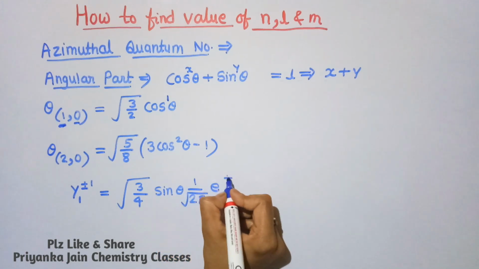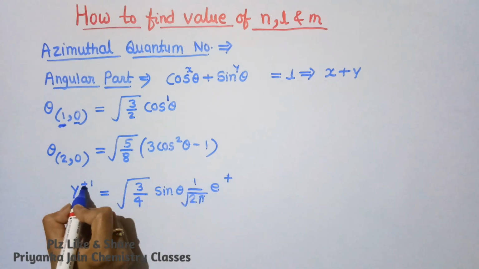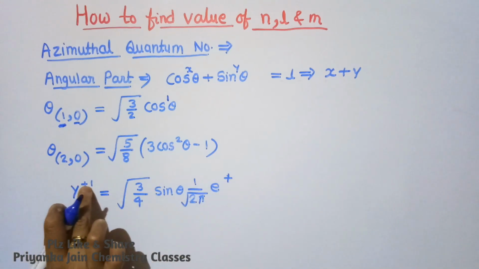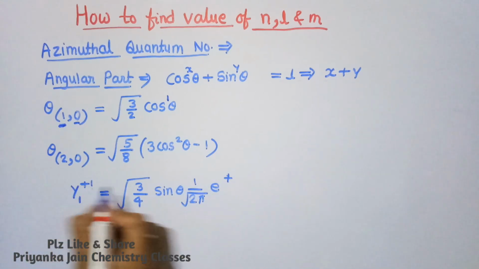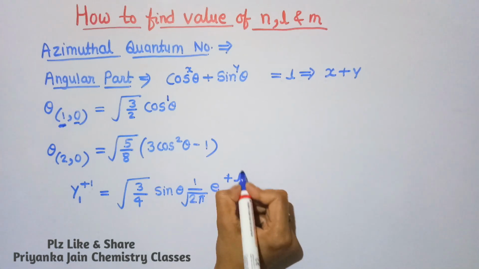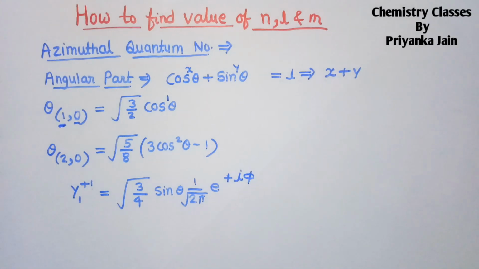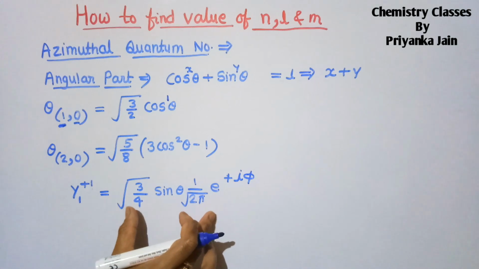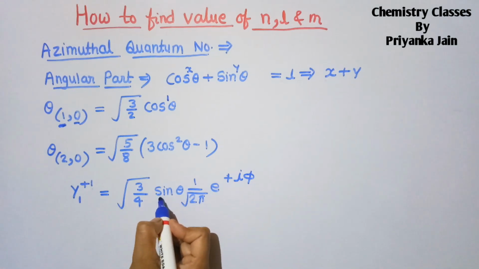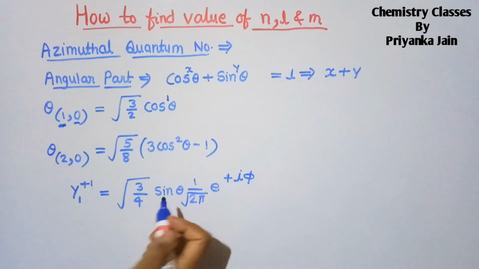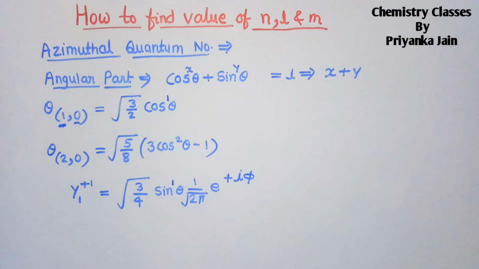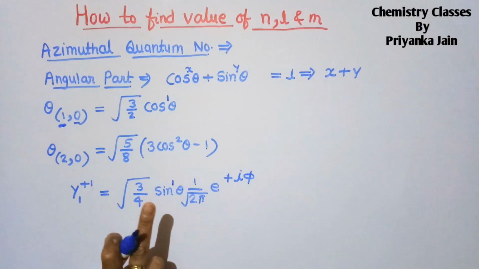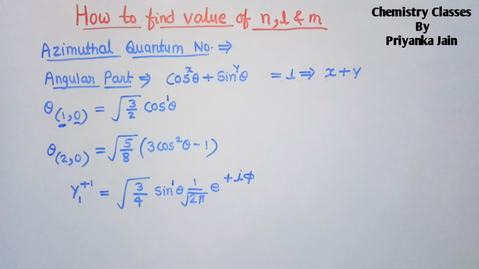Suppose this is plus 1, and here is this e to power plus iota phi. Now how many values can you find out from this formula? See here, this sine theta means sine to power 1 theta, right? So there is only one power, so the value of L is 1.